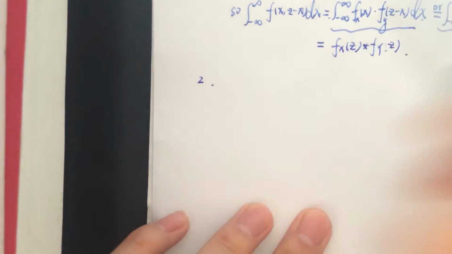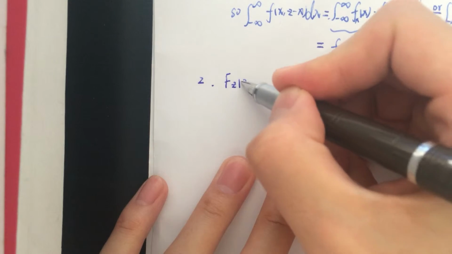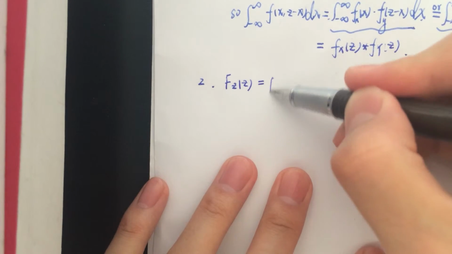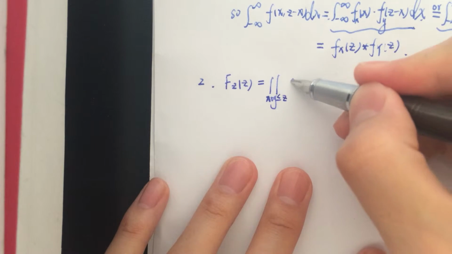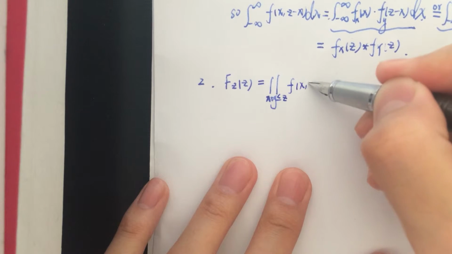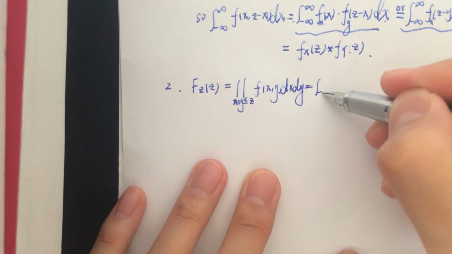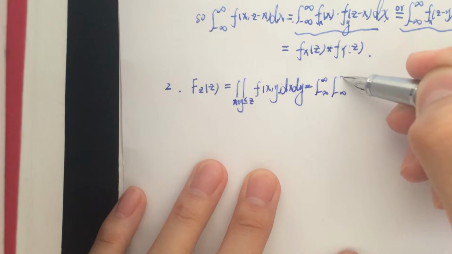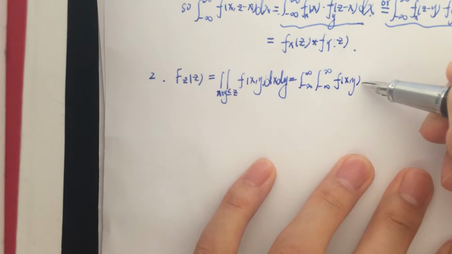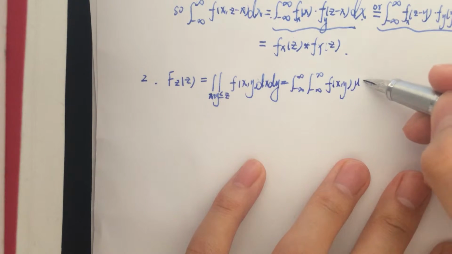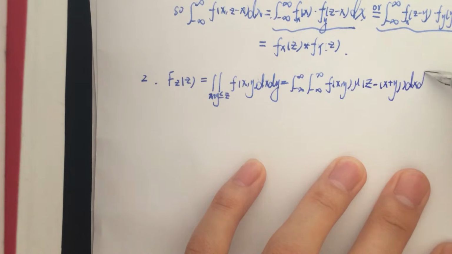Second, let's use the second method. Since F, the distribution function of Z, equals the integral over x plus y less than or equal to z of f(x,y) dx dy, this one will equal the integration of f(x,y) times u(z minus x minus y) dx dy.